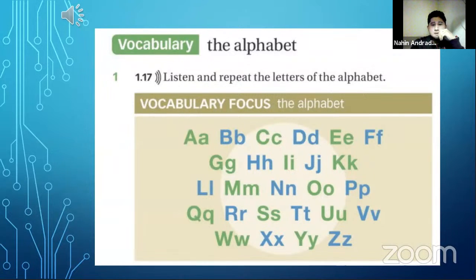A, B, C, D, E, F, G, H, I, J, K, L, N, O, P, Q, R, S, T, U, V, W, X, Z, E. Okay. Now, it was a nice try.